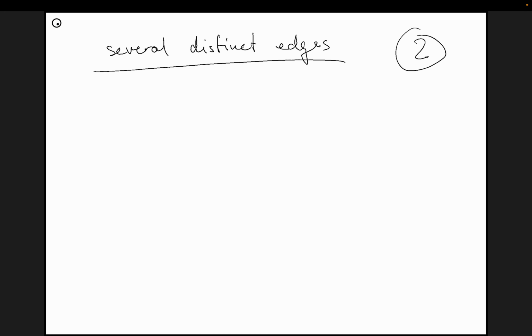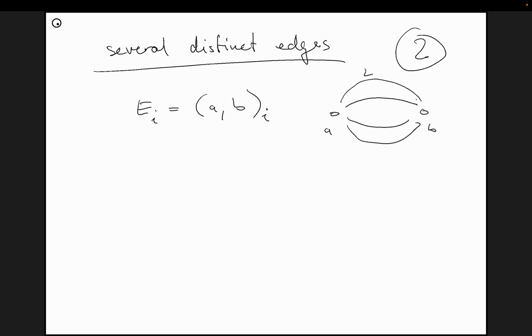So what this means is, I can have, in a non-directed graph, vertices A, B, and a couple of edges between the two vertices, and they shall be seen as really distinct edges.